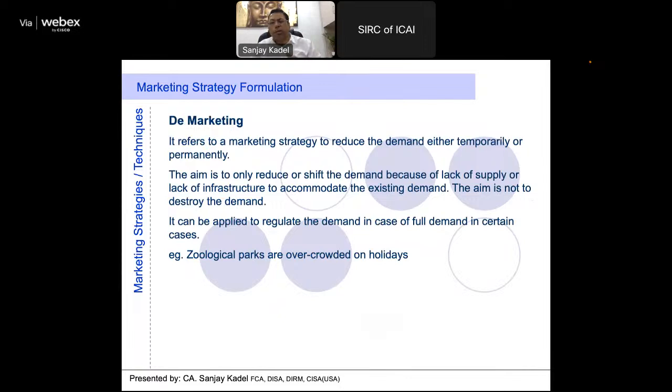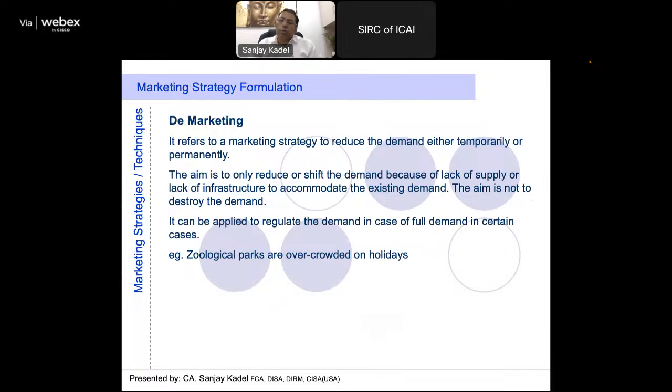A simple example is that when you go to some shopping complexes on Sunday, the parking cost will be double or even three times the normal cost of parking on a weekday. Why is that so? It is because they want to discourage the customers from coming and paying parking charges on a weekend like Sunday.